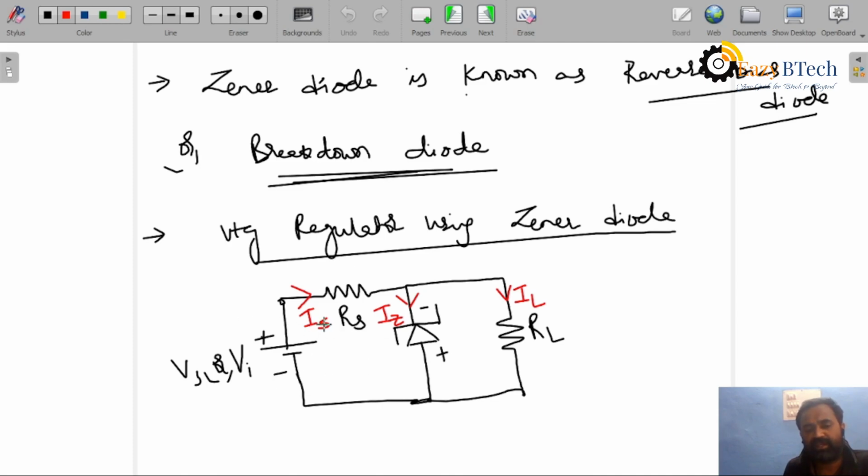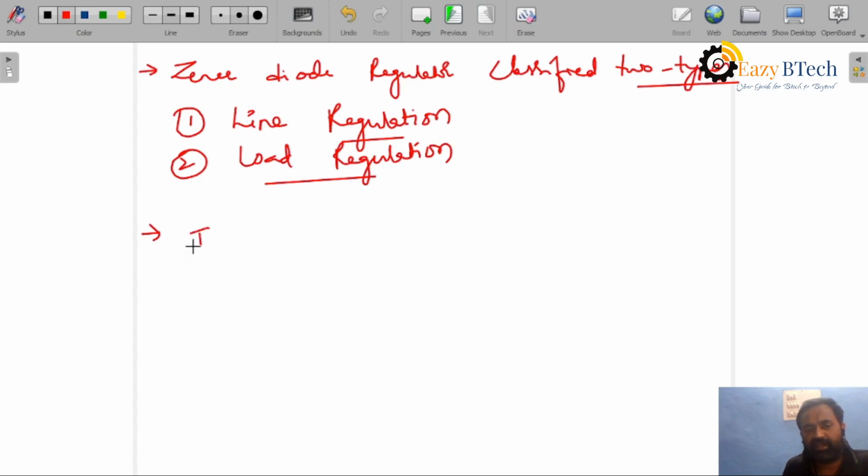Now it is a circuit. What is the total current here? The total current is Is. We can write Is is equal to Iz plus IL. From this diagram, Is is equal to IL plus Iz.